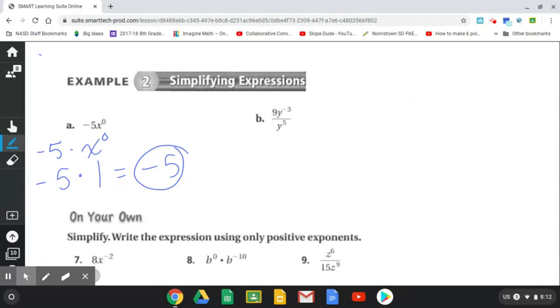I'm going to rewrite b because I can see that I have the same base there. So I'm going to rewrite this as this. 9 times y to the -3 over y to the 5th power. That's going to give me 9 times y to the -3 minus 5.